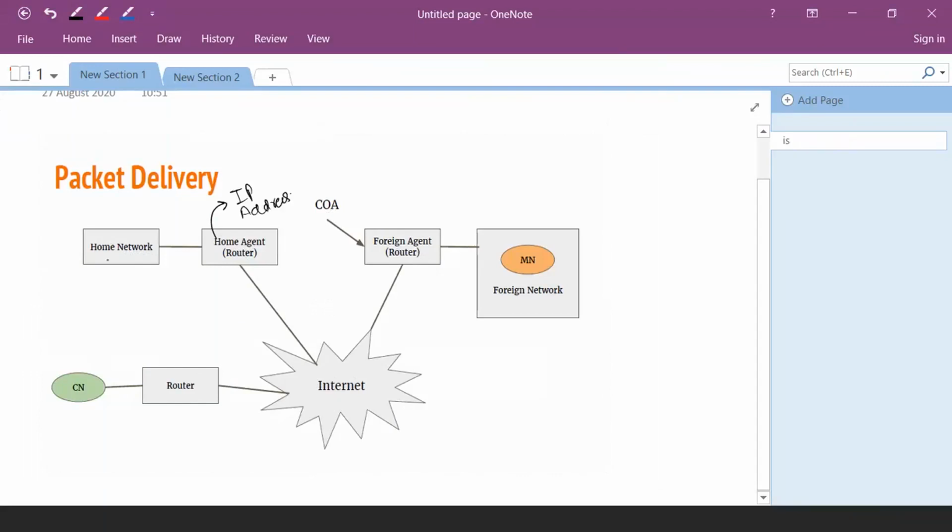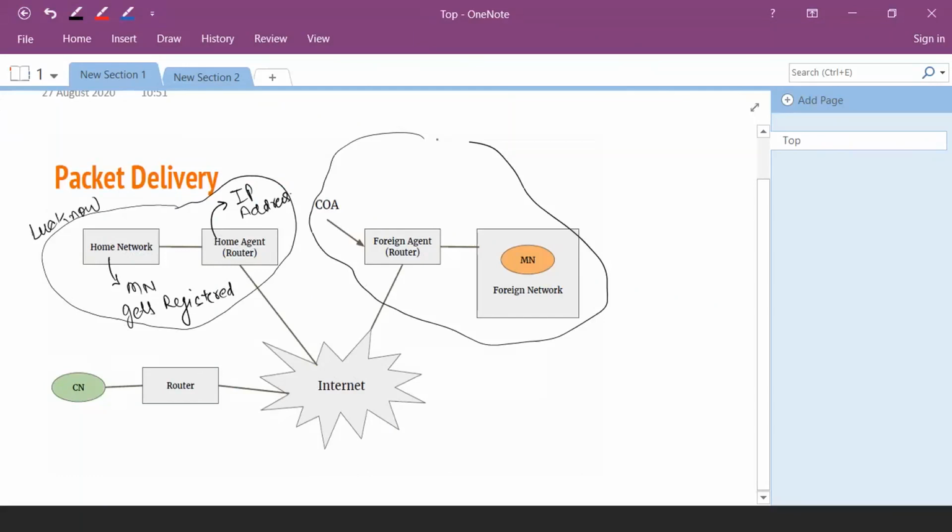And inside the home network, my mobile node gets registered. So you can understand this one as Lucknow. And who is the node?